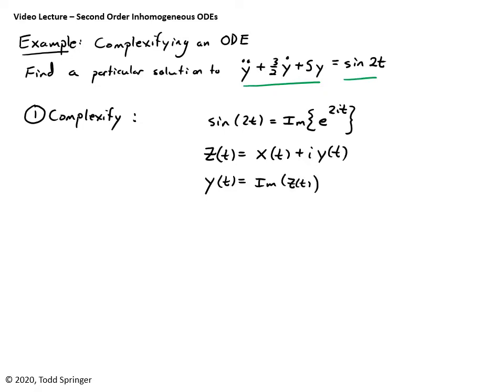And then I have a complex ODE as follows: z double dot plus 3/2 z dot, this part looks the same, plus 5z is equal to e to the 2it.